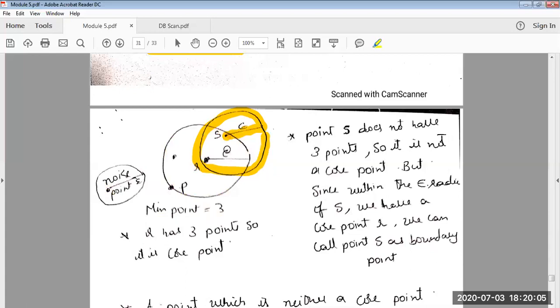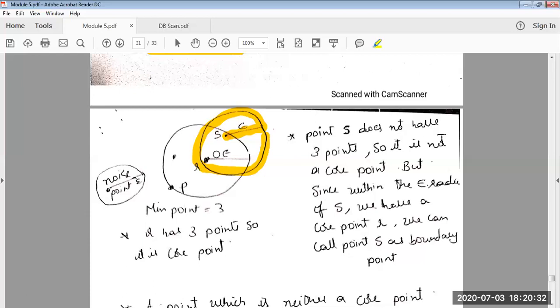See, this is epsilon, this is not a point. Epsilon is the radius, the distance. So how many points are falling within this circle? As you can see, one is S, the second one is R. 2 points are there. Now, can I declare S as a core point? As per the previous discussion, point S does not qualify to be a core point.